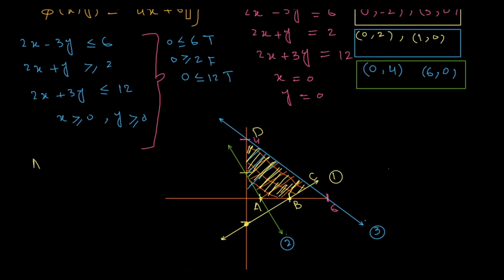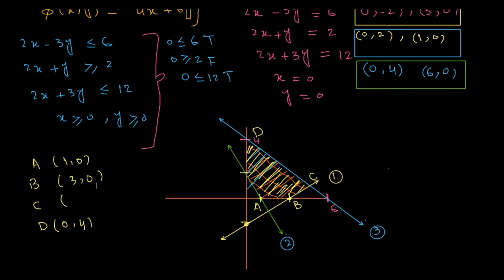Okay, and if we want to measure these points A, B, C and D, we already know that the point D is 0, 4. And the point A, this point can also be found by the intersection of the lines where they intersect. So the point A is 1, 0, and the point B is 3, 0.